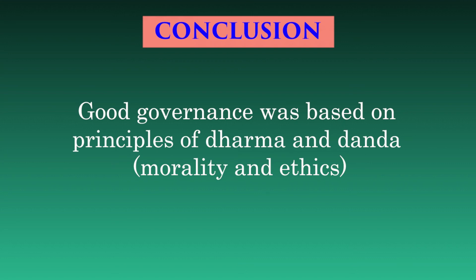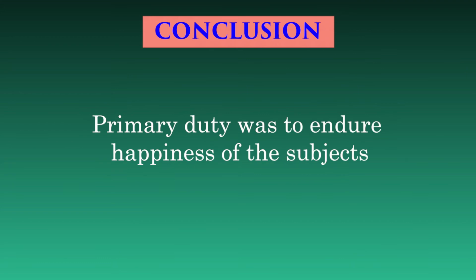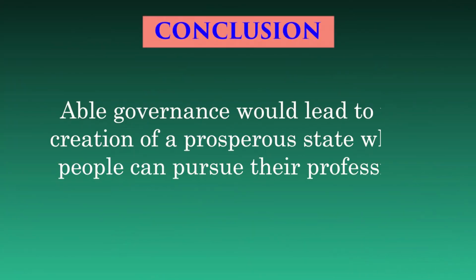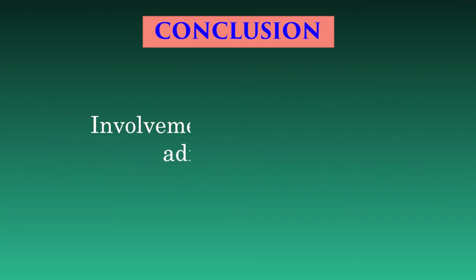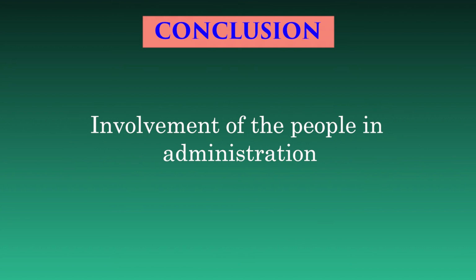It was a moral endeavor. Primary duty of the king was happiness of the subjects, a citizen-friendly administrative system. Able governance would lead to the creation of a prosperous state where people can pursue their goals and lead a happy, satisfied life. Involvement of the people in the administrative system entailed participation.